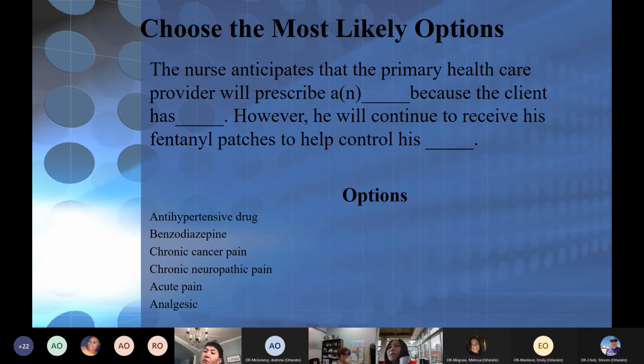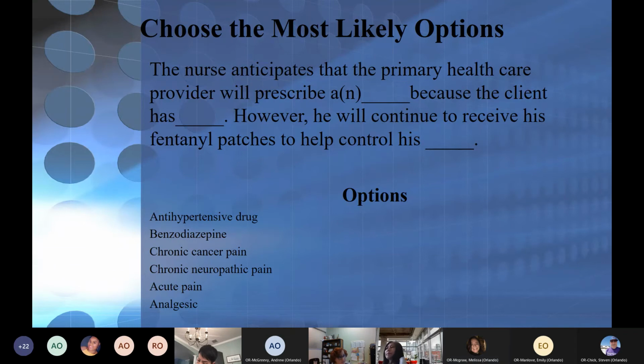Pain. Okay. What does the class say? Going to have an analgesic because the client has what? Acute pain. Okay. All right. And so he will continue to receive his fentanyl patches to help control his what? His chronic cancer.